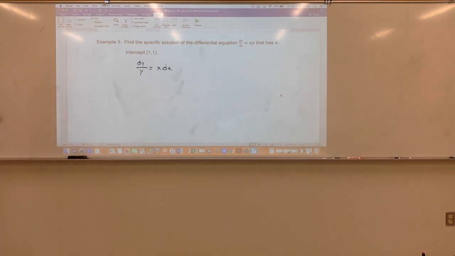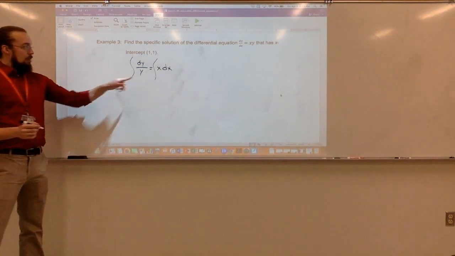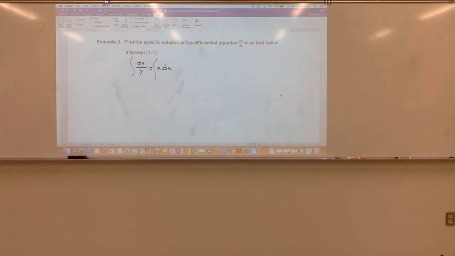Now I can take the antiderivative of both sides. What's the antiderivative of dy over y? Add 1 to the exponent of -1, you get 0. It's natural log.